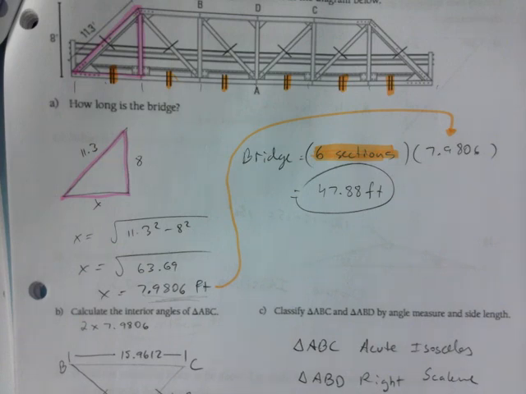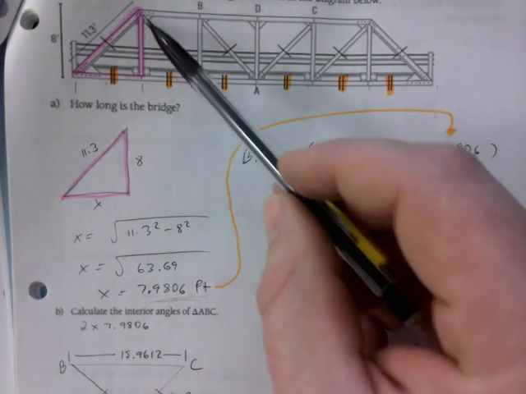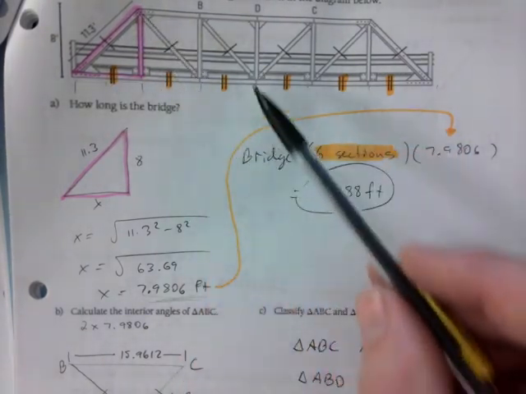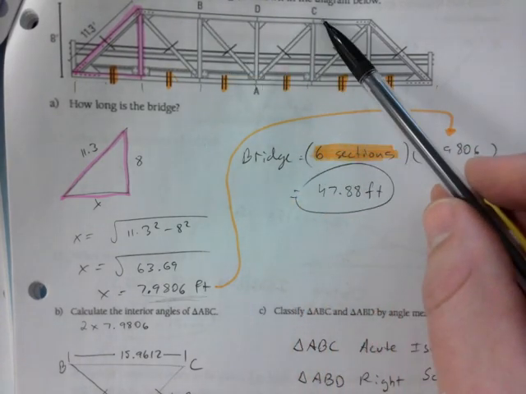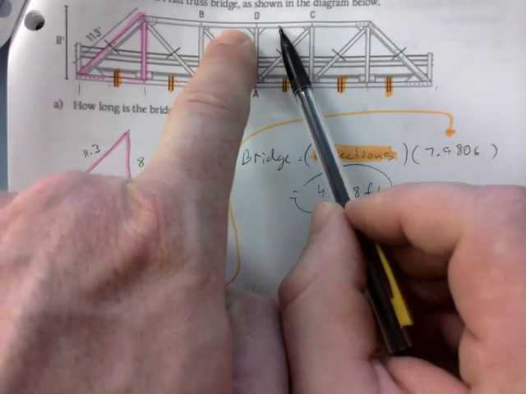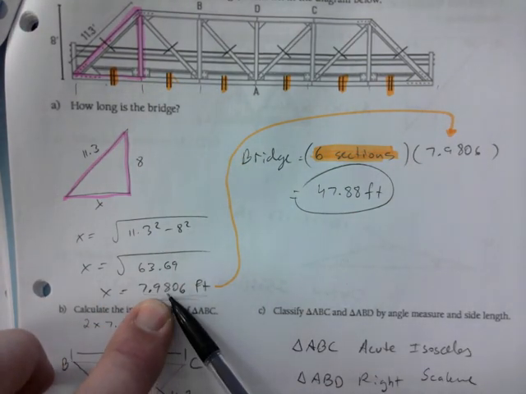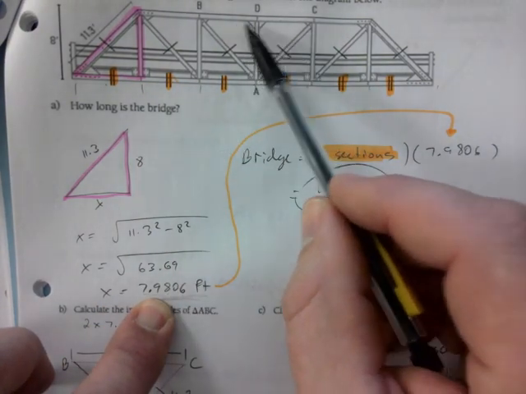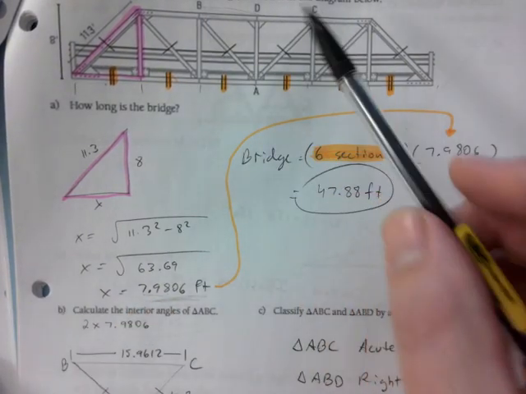Then I do some classification as well, and you do see that there's an isosceles triangle here. I think the question is actually referring to this one in particular, but you do know that these two sections transfer over to the top here. So you just go 7.98 times 2 to get this stretch here at the base.